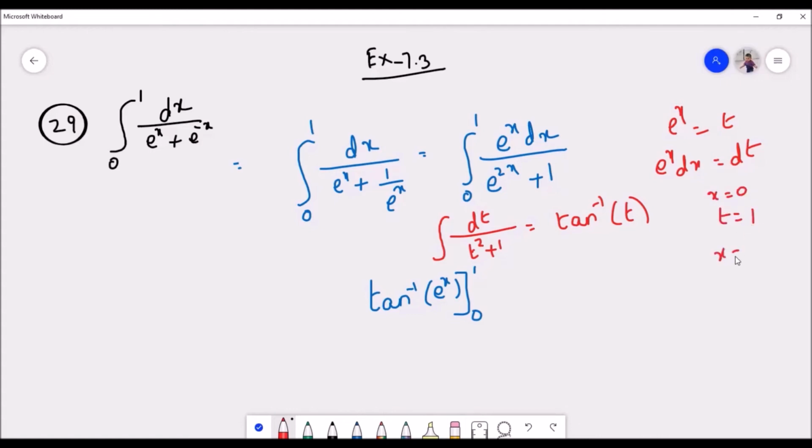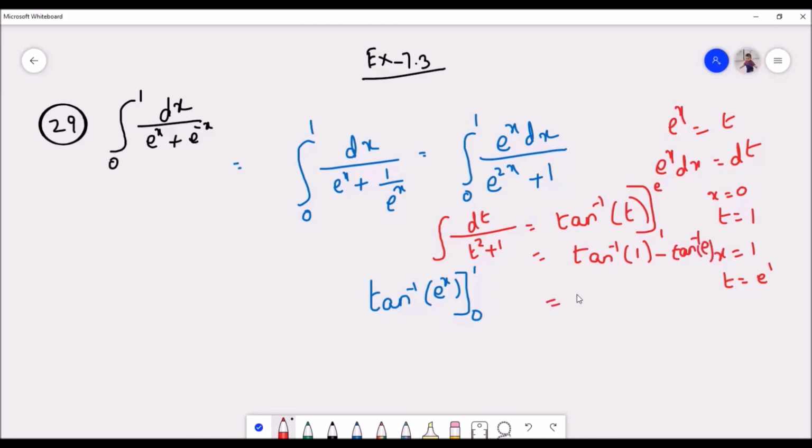When x is equal to 1, t will be e power 1. So if we change like this, then in this step itself we can go with tan inverse of t. The lower limit is 1 and upper limit is e. So tan inverse of 1 minus tan inverse of e.